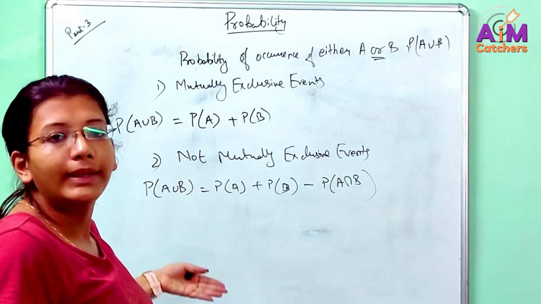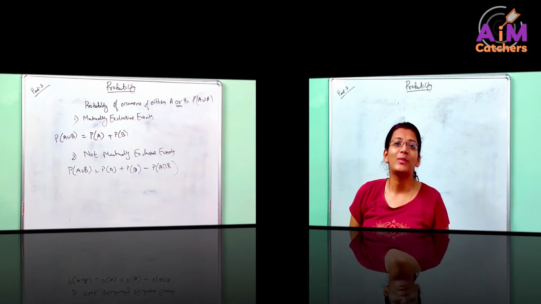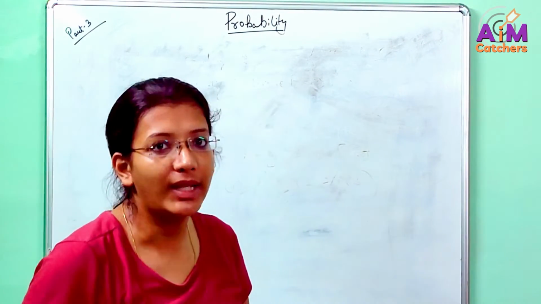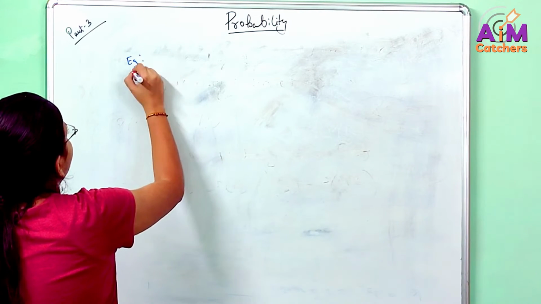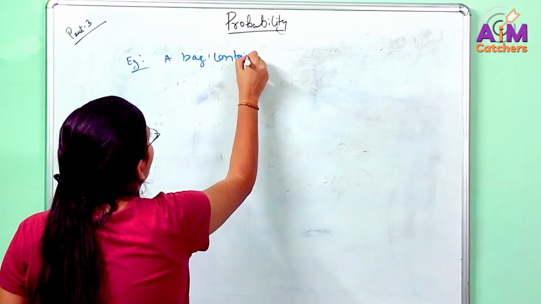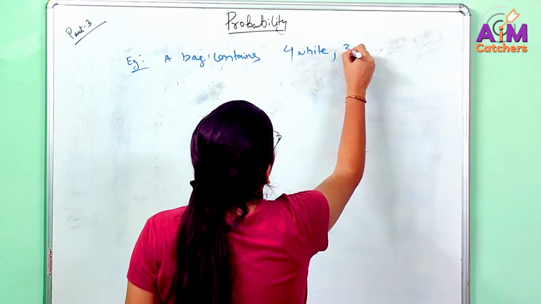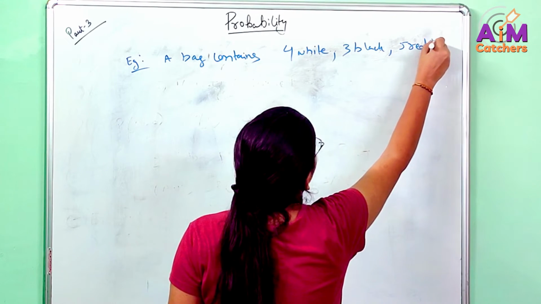Now please note it down and then we can move to the sums. First we will take, for example, a case of a mutually exclusive event. A bag contains 4 white, 3 black and 5 red balls.